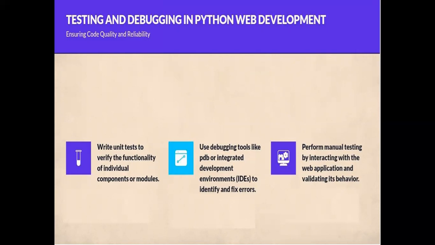Use debugging tools like PDB or an integrated development environment to identify and fix errors. Debugging helps in understanding code behavior and resolving issues during development. Perform manual testing by interacting with the web application and validating its behavior. Test different scenarios and edge cases to ensure the application works as expected.